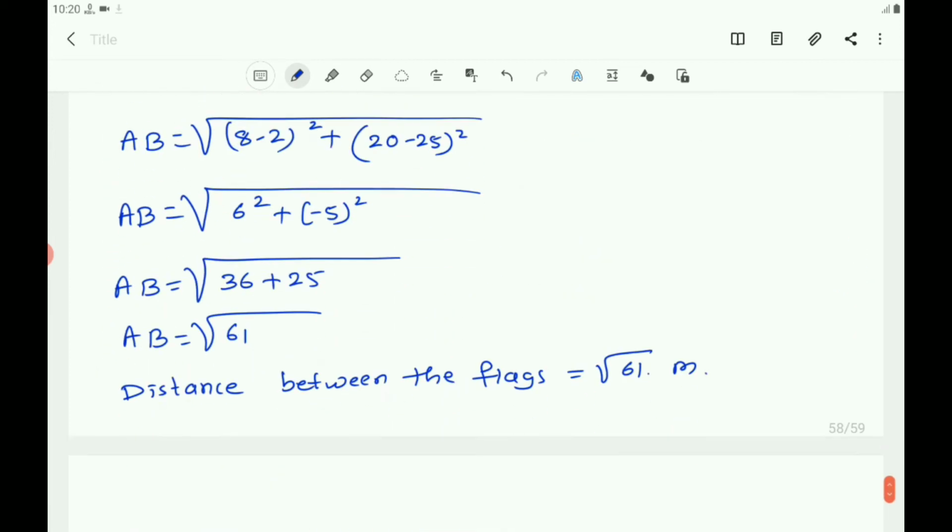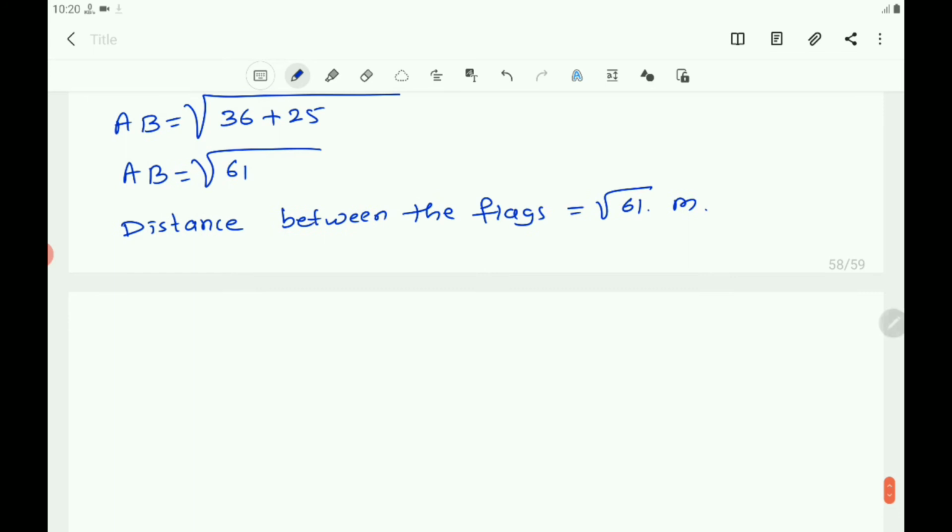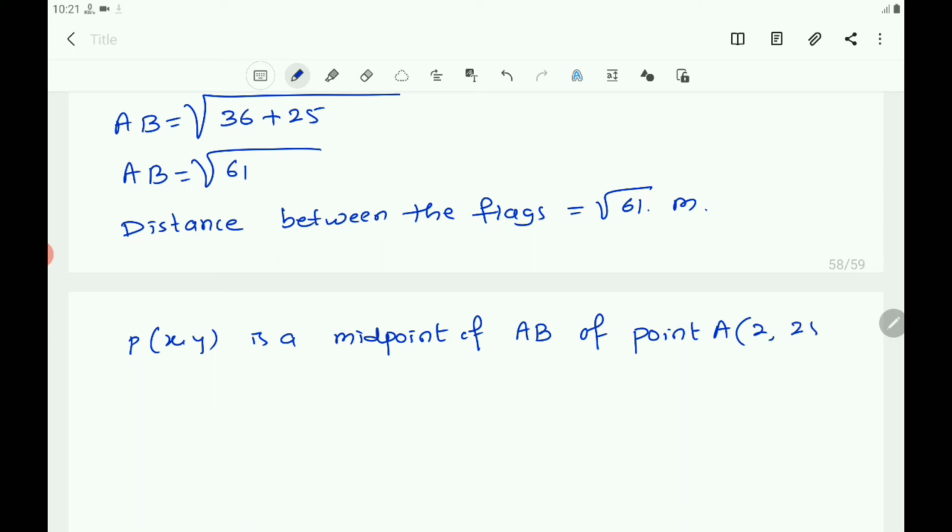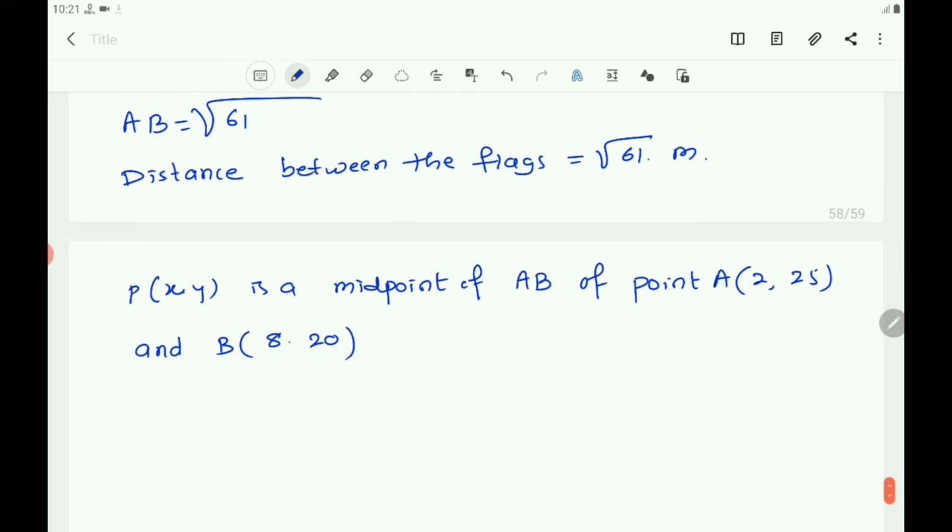Then you take P of xy as the midpoint of AB with points A (2, 25) and B (8, 20). Now for the midpoint, the ratio m1 is to m2 is 1 is to 1.